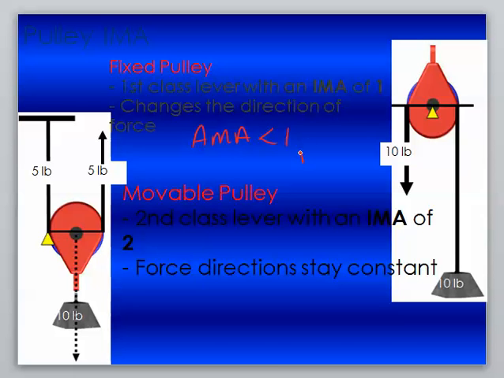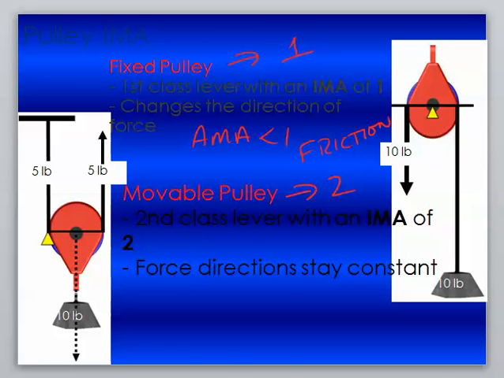Why? Because of friction. The other one is a movable pulley. It's a second-class lever with an ideal mechanical advantage of 2, because it's going to be moving. So fixed pulleys have IMAs of 1, and movable pulleys have IMAs of 2.